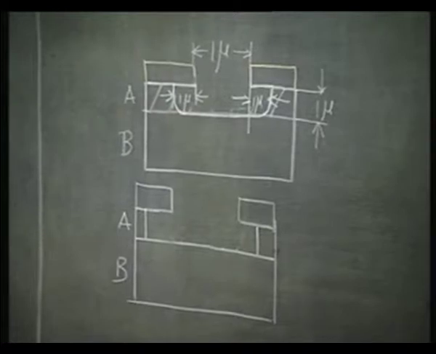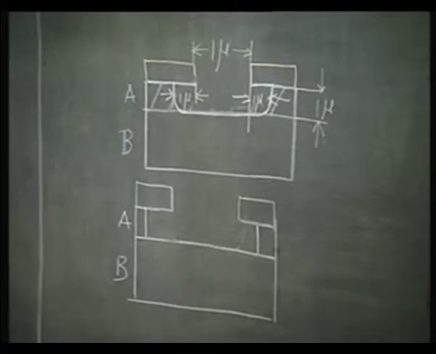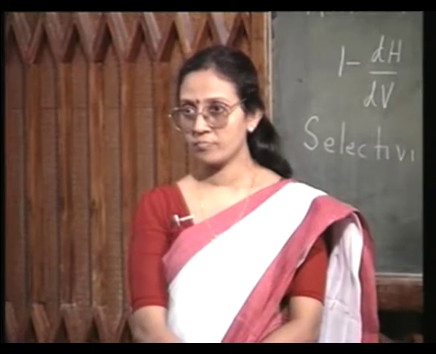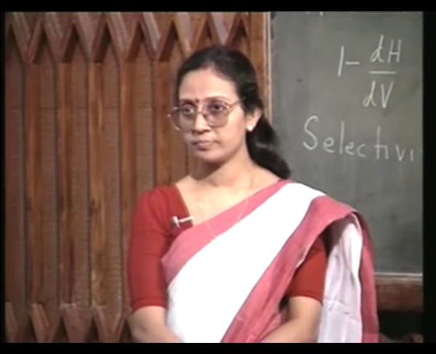That is, the etching system is selective. It etches material A but does not at all etch material B. And of course, selectivity will also be given as the ratio of etch rates of material A and material B. Right.